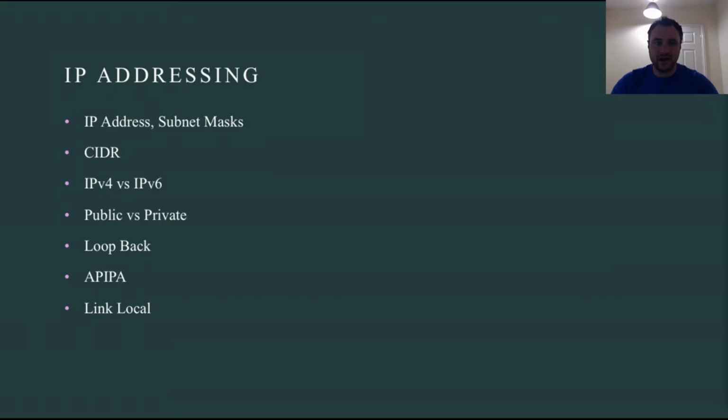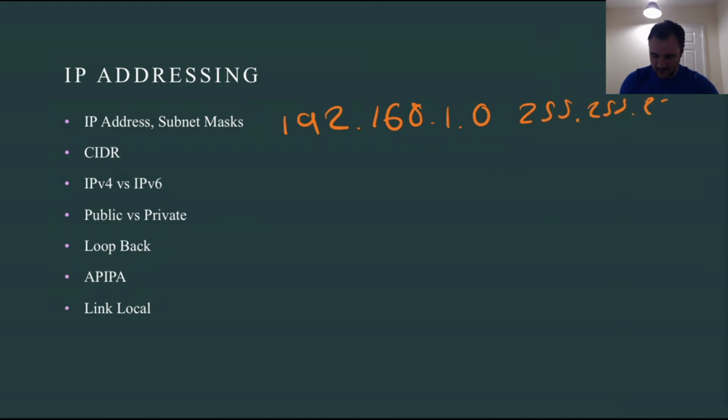So, taking a bit of a dive into IP addressing and subnet masks, we'll talk about it at more length. What you might recognise from a standard IP address is something like 192.168.1.0 with 255.255.255.0. So we have an IP address with the subnet mask, and that identifies the network position.